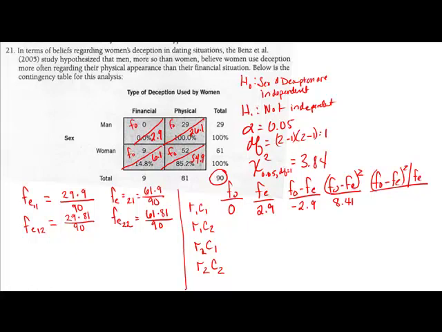And 8.41 divided by the 2.9 that we expected is 2.9. That's spooky. Okay, so I'm just going to go ahead and do these for the rest without the commentary, and hopefully this will make sense to you as I'm doing it.